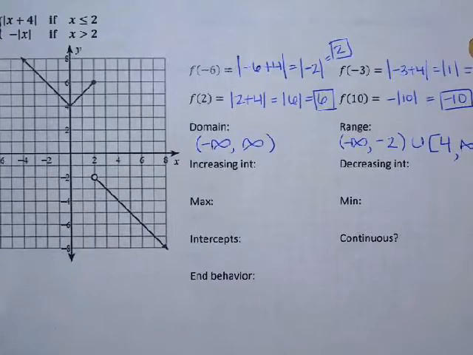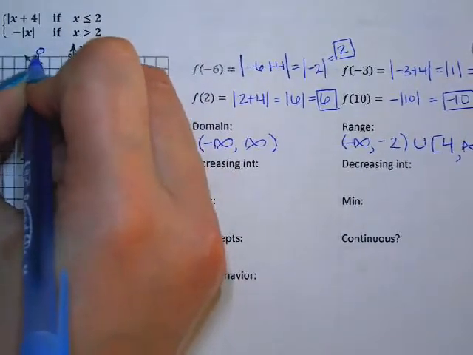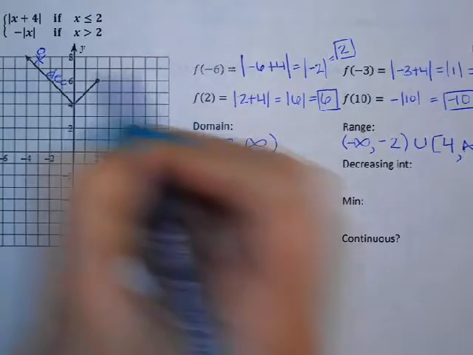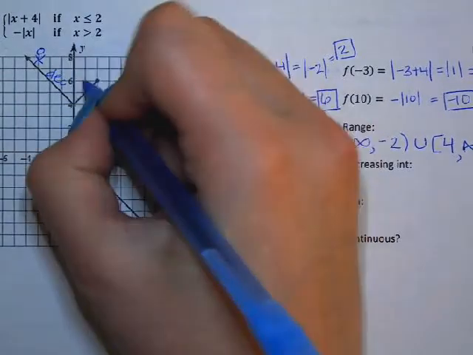Go ahead and put your little stick figure on the picture and label the picture for increasing and decreasing. So if I put him right here, what's he doing? Decreasing. And then he hits the corner, and then what does he do? Increase.